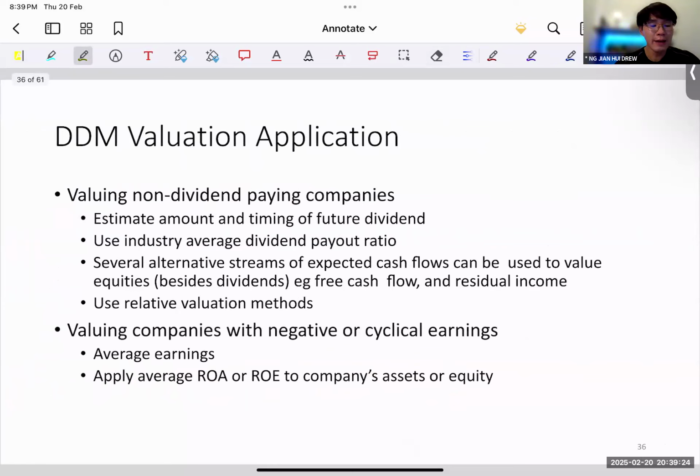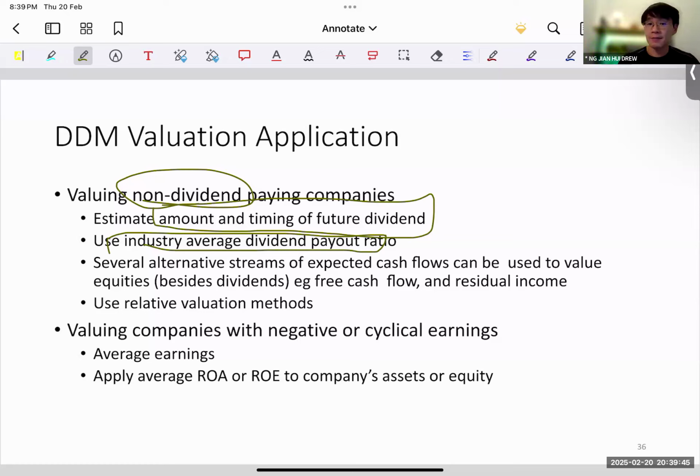So in case you do have some firms that do not pay dividend, but you still want to use the dividend discount model, what you can do, you can use the industry average of the payout ratio, right? You can estimate the amount of future dividends because maybe the firm has not started paying yet. Maybe it's just a startup firm.